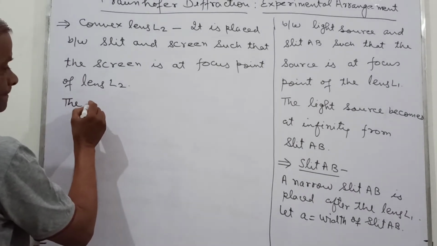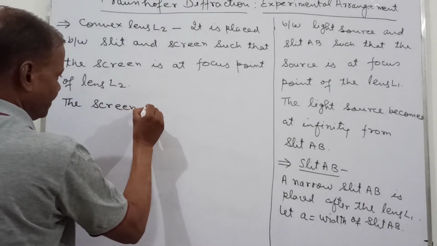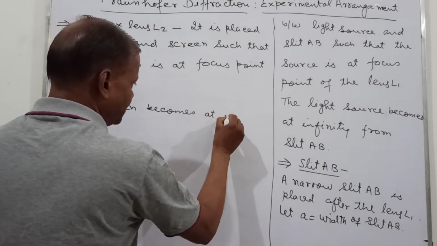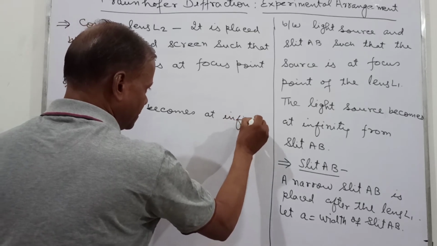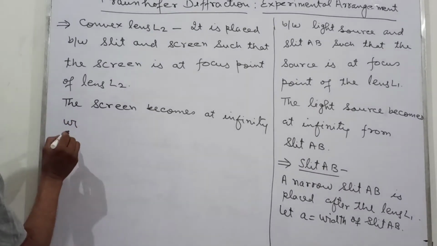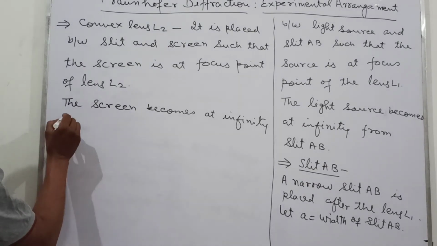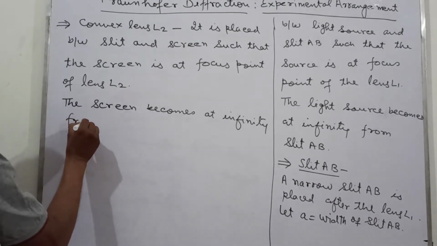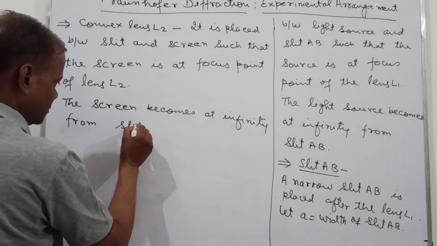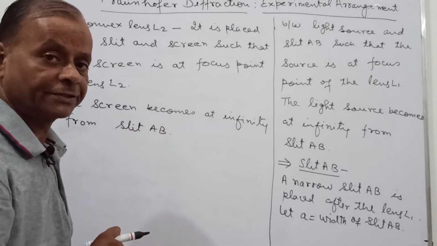The screen becomes at infinity from slit AB. This is the required condition for the Fraunhofer diffraction.